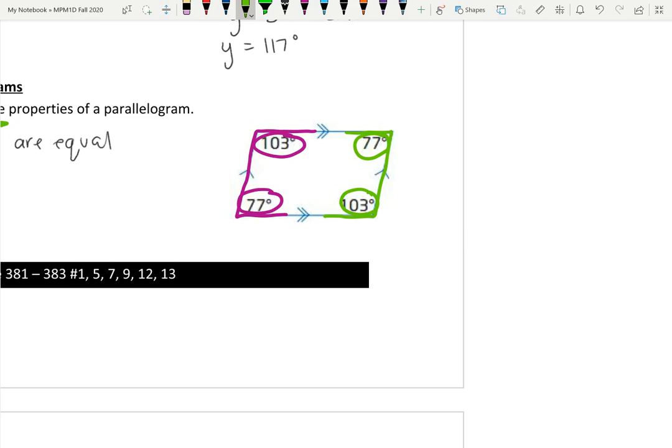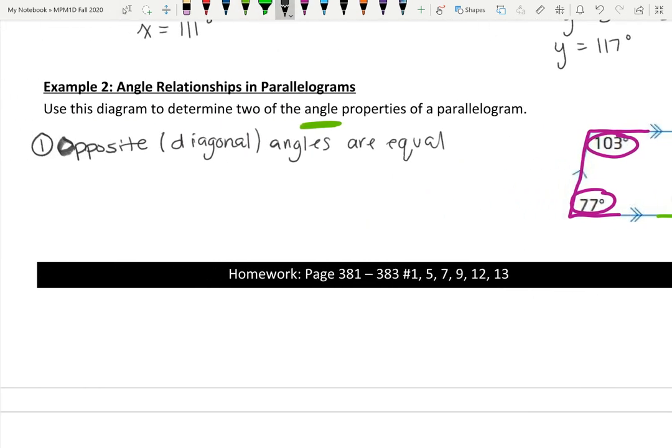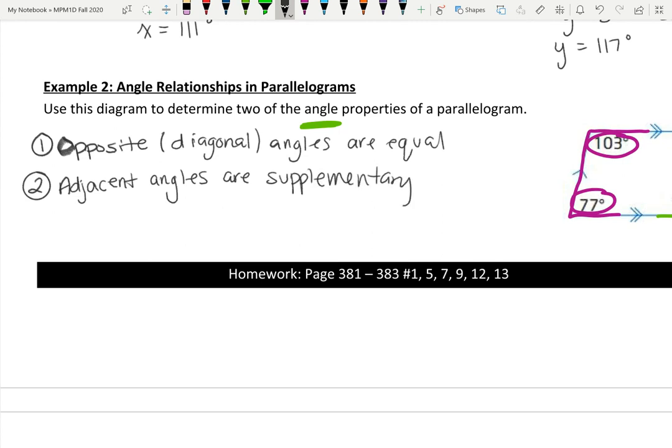These two angles add up to 180 degrees. So they're supplementary, which means they add up to 180 degrees. And that we learned or reviewed yesterday. That's called co-interior angles, or the C pattern.